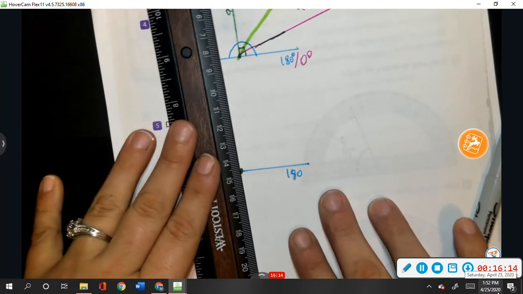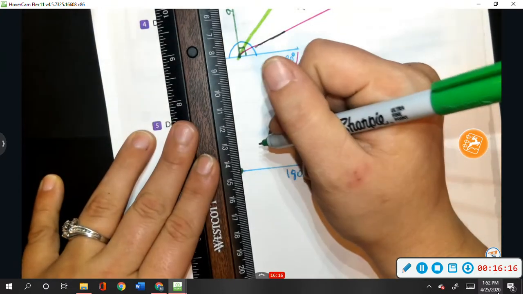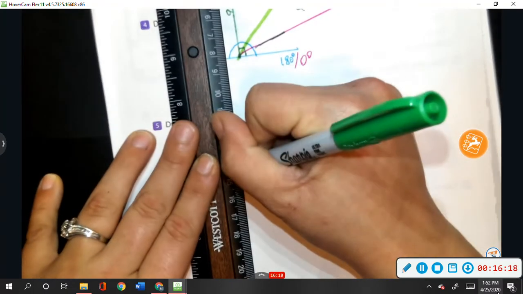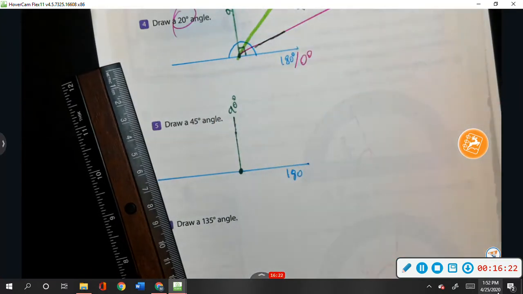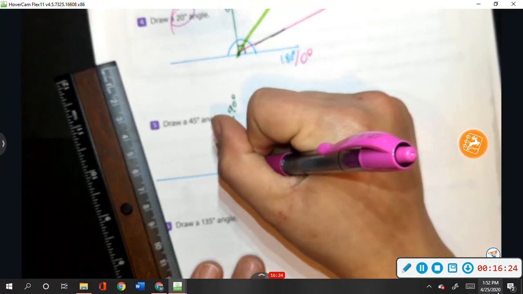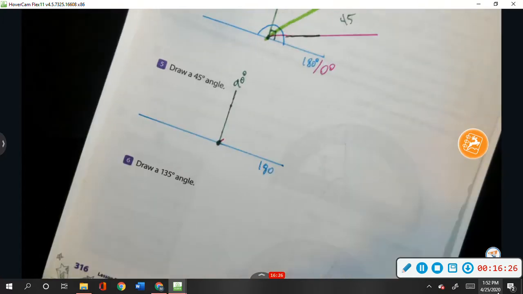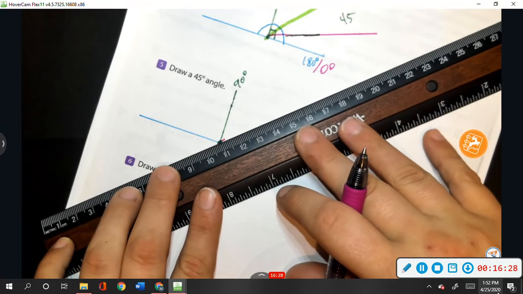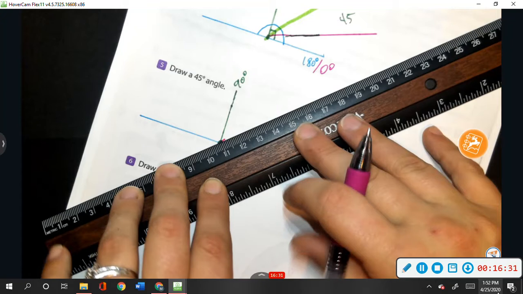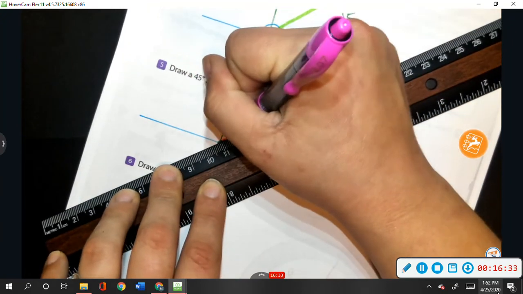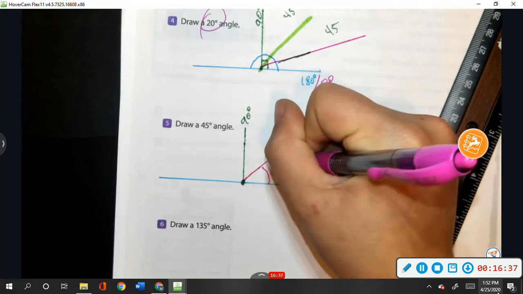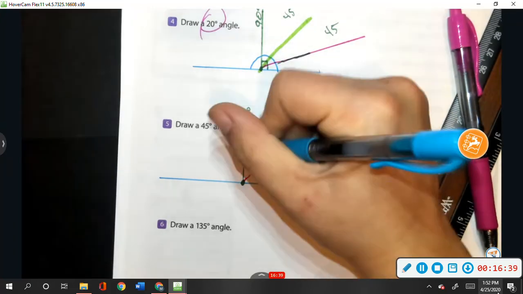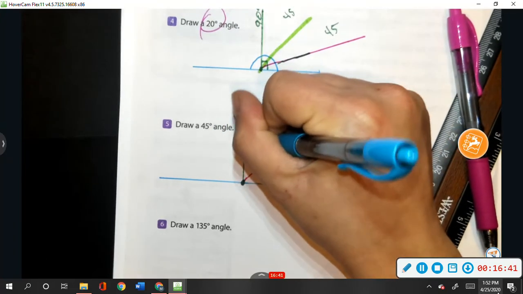So there's our 180. Here's our midpoint. Here is our 90 degree angle. And 45 degrees is exactly going to be halfway, because 90 divided by 2 is 45. There it goes. So this is a 45 degree angle, but also this would be a 45 degree angle as well.